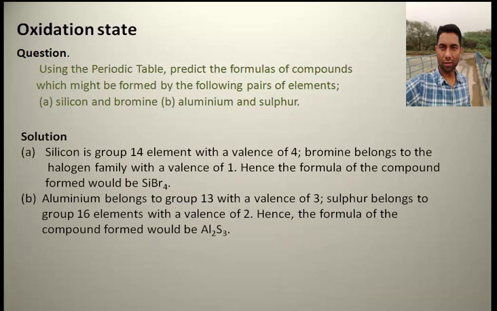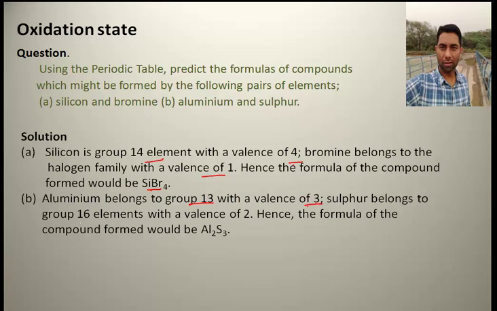So these are the oxidation states of these 2 elements in this compound. Okay. So the solutions are given. Silicon is a group 14 element with valence of 4. Bromine belongs to the halogen family or group 17, and it has valence of 1. Hence the formula of the compound will be SiBr4. In the same manner, for the second one, aluminium belongs to group 13 with valence of 3.